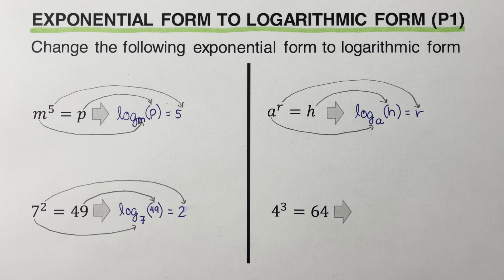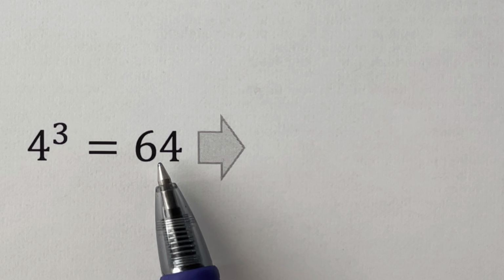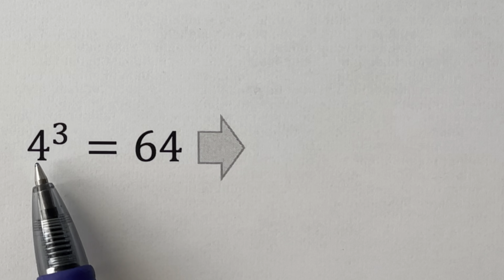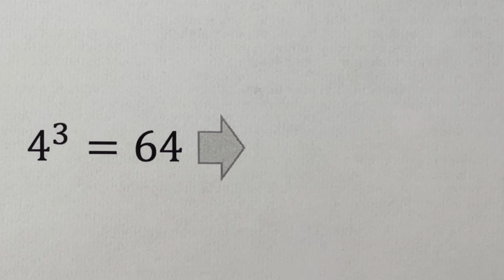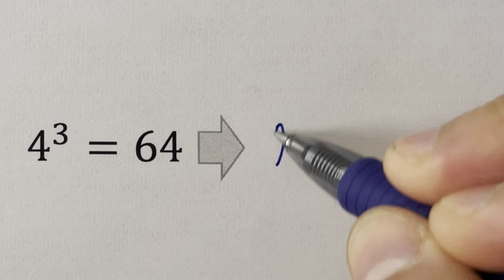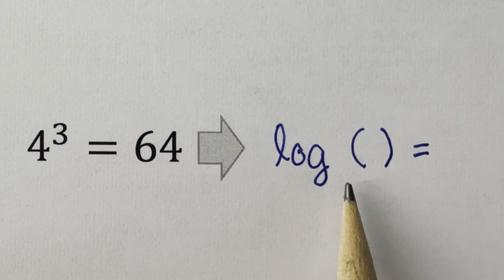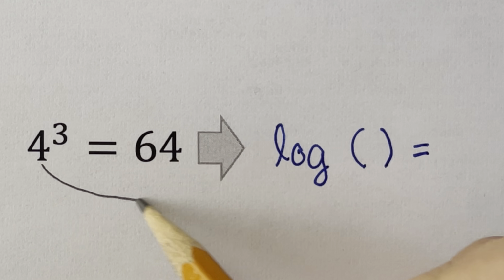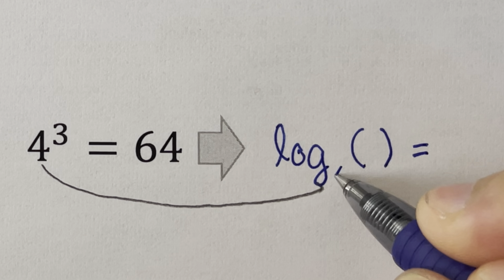Now let's move on to the next one right here. 4 raised to the power 3 equals 64. That means if we multiply 4 times 4 times 4, we get 64. So let's change this into its equivalent logarithmic form. Again, we remember that this base will become the base of the logarithmic expression. So I will write the 4 down here, which is a subscript.